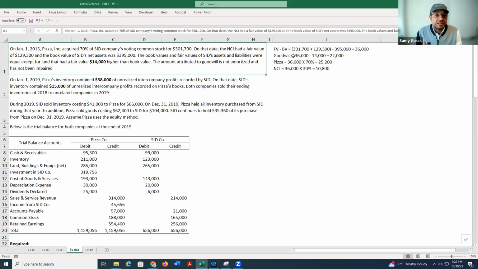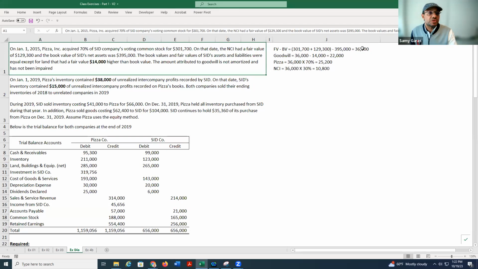The difference between the fair value and the book value was $36,000. So how much should we give out of the 36 to the goodwill? We subtract 14,000 of the increase in land from the total increase, 36. And this will leave 22,000 for the goodwill.